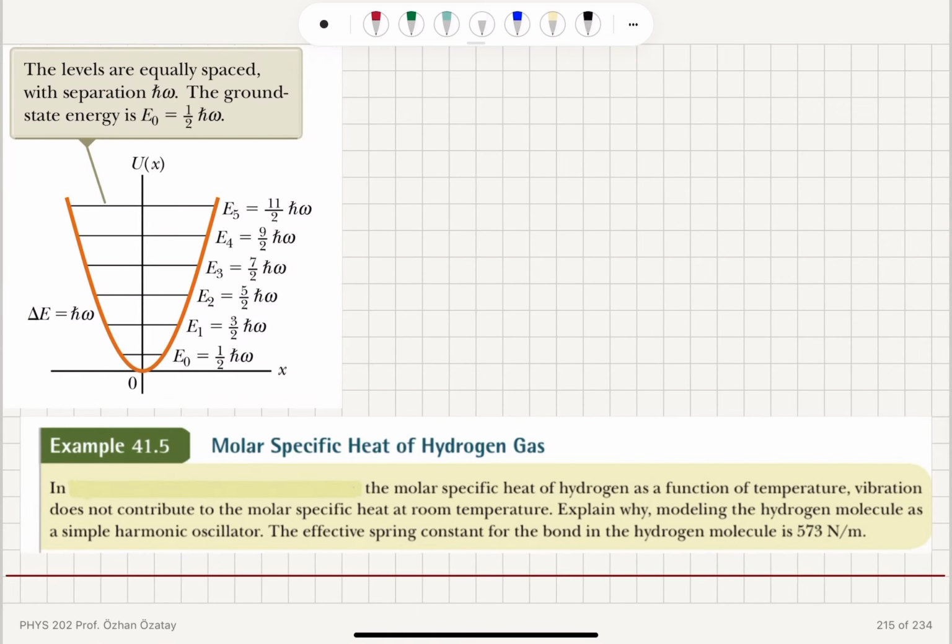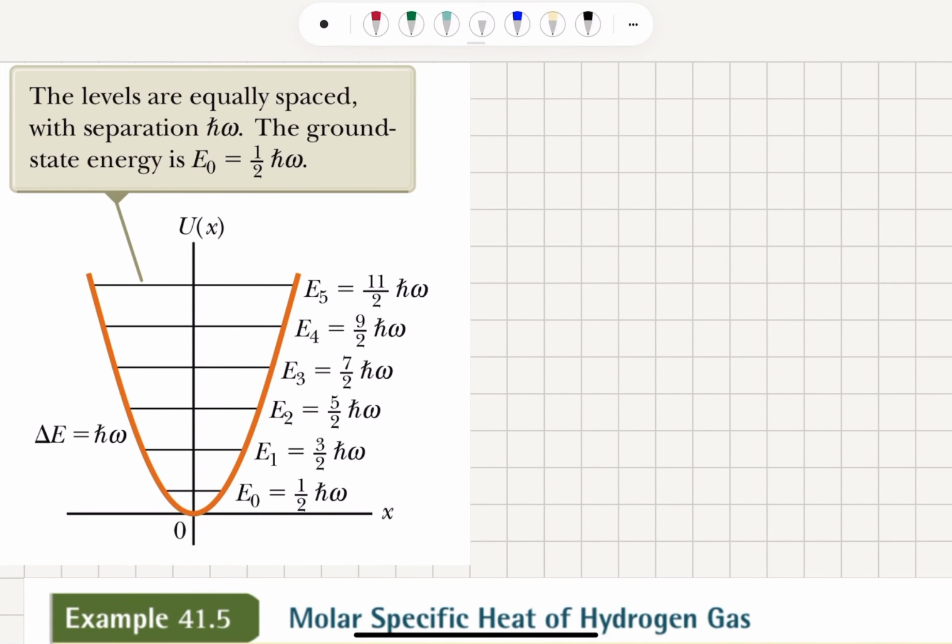We can see that the levels are equally spaced with separation h bar omega. We have ground state energy 1/2 h bar omega, 3/2 h bar omega, 5/2, and so on. These are the excited states, and the spacing between the energy levels is h bar omega. That's delta E. This continuous curve is the classical solution, and this is the quantum solution.